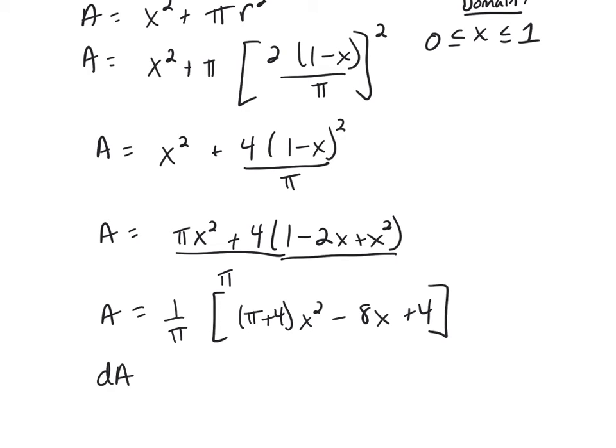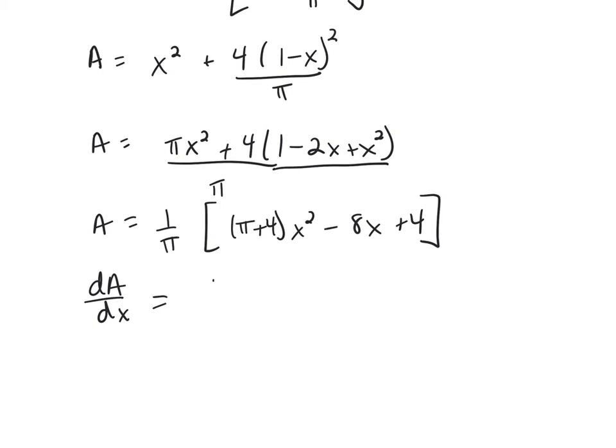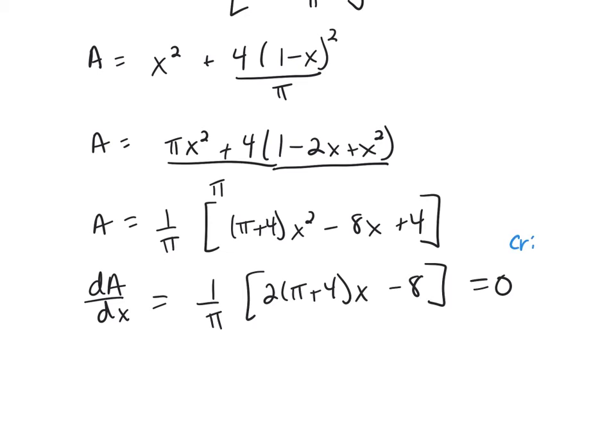So now I can take the derivative to find my critical numbers, dA/dx. It's 1 over pi, 2 times pi plus 4x minus 8. Set that equal to 0. We're trying to find our critical numbers.